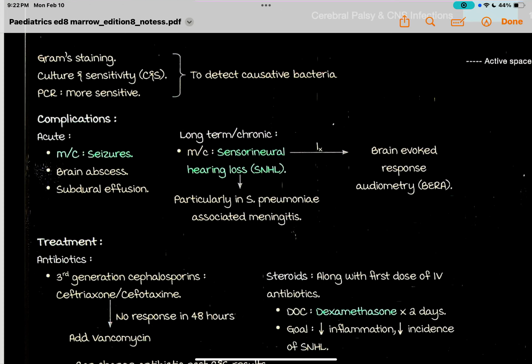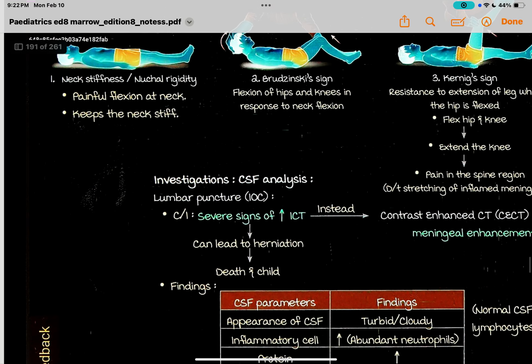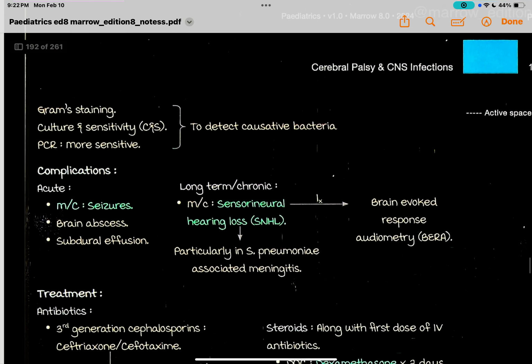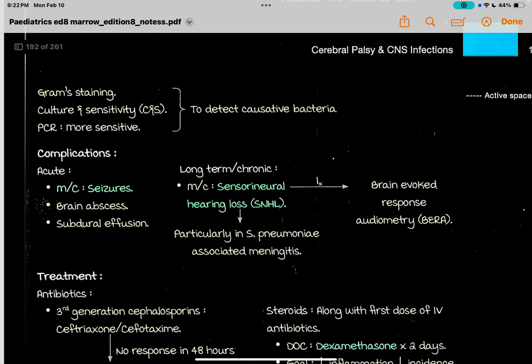Gram stain, culture and sensitivity. PCR is most sensitive to detect the causative bacteria. Complications of meningitis: acute are seizures, brain abscess, and subdural effusion.